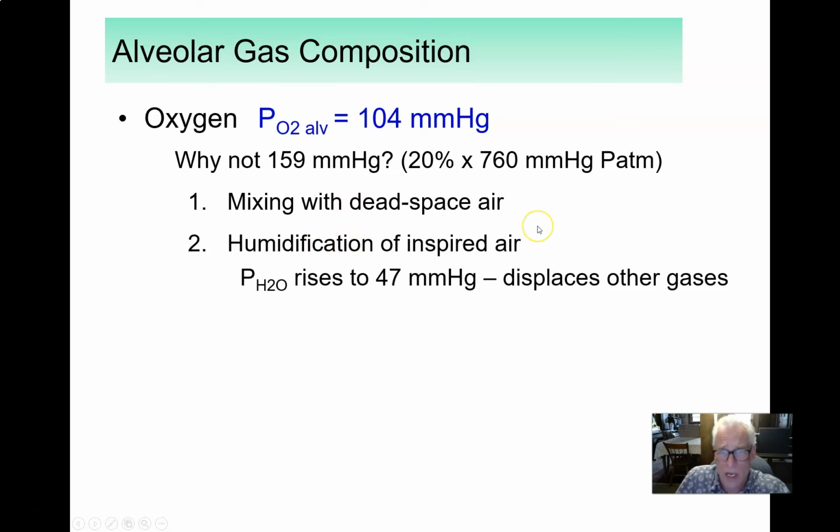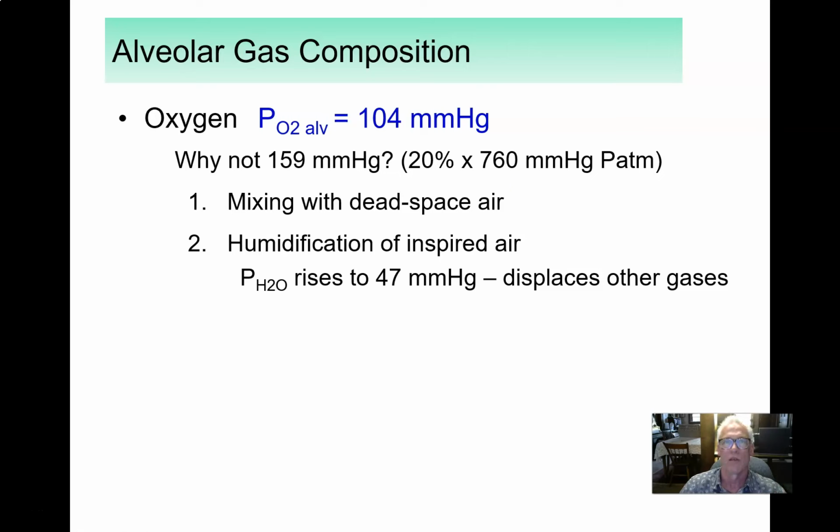Secondly, we talked about the nasal cavity, how it humidifies the air as it comes in, and it turns out that if you add another gas to the mixture, it will essentially displace the other gases. Why? Because the total pressure is always 760 millimeters, or whatever the atmospheric pressure is at a particular elevation and on a particular day.